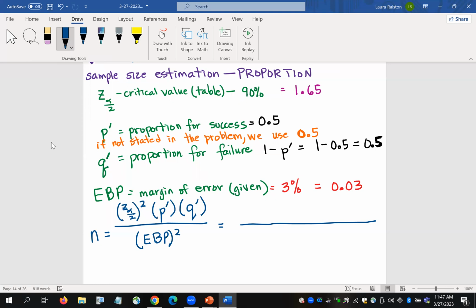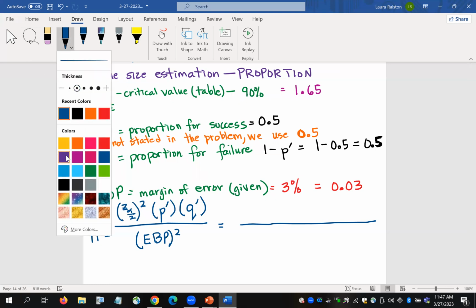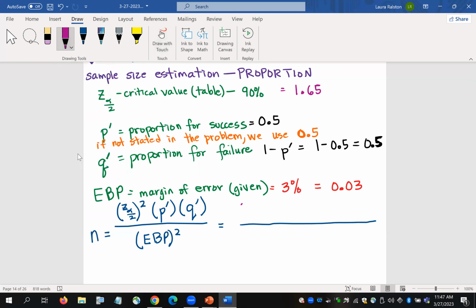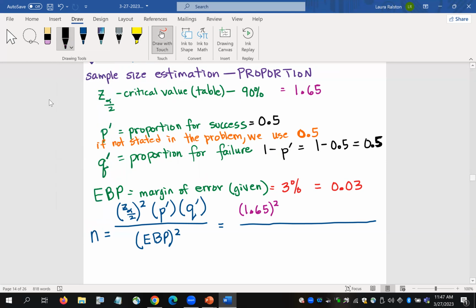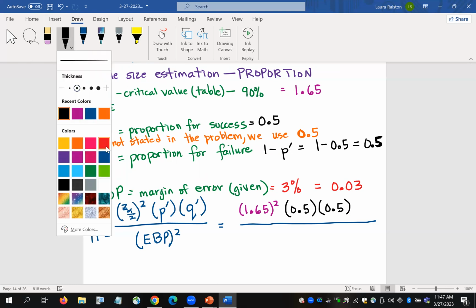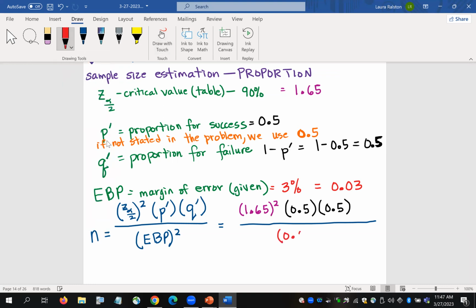It's a plug and chug. So my critical value is 1.65 squared. My proportion for success, because it is not stated, defaults to 0.5. That also means that my proportion for failure is 0.5. And the error bound for the proportion that's given in the problem is those 3 percentage points.